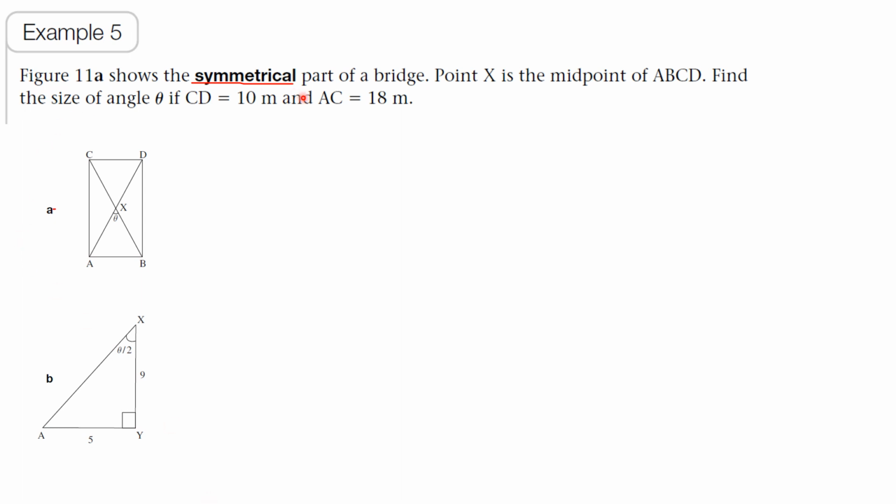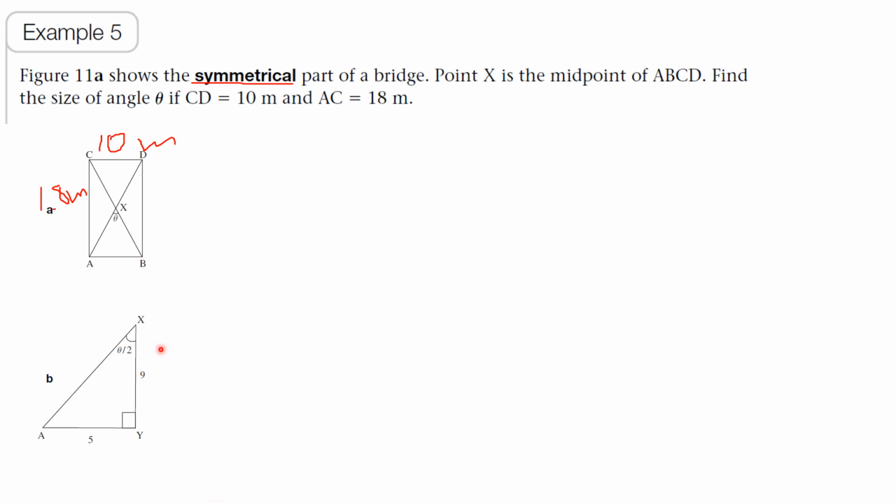It says we must find the size of the angle theta. So the angle theta is here, and then we are given what? CD is equal to 10, and then AC is equal to 80 meters.